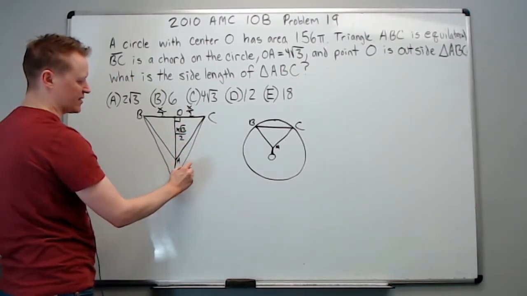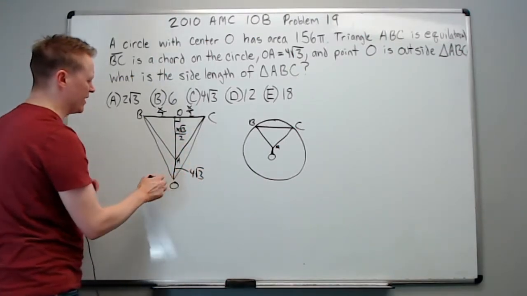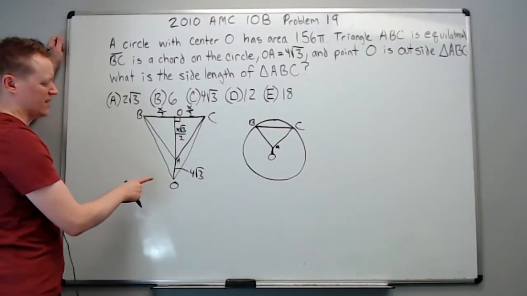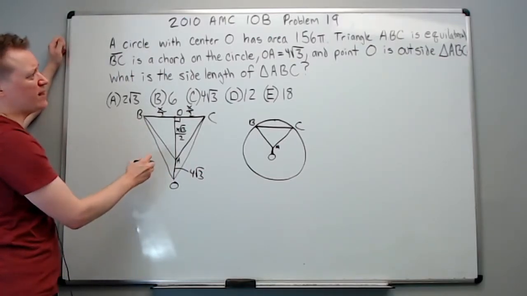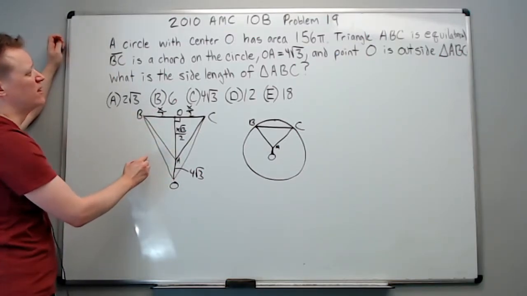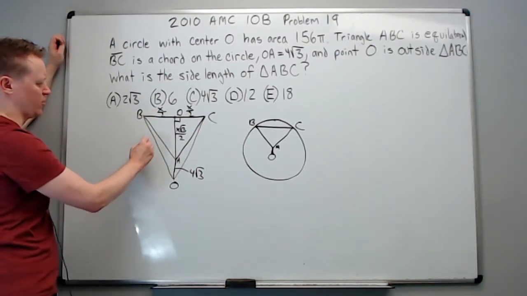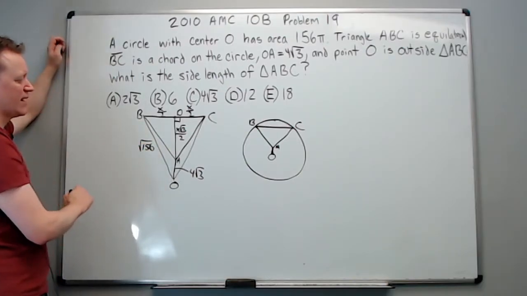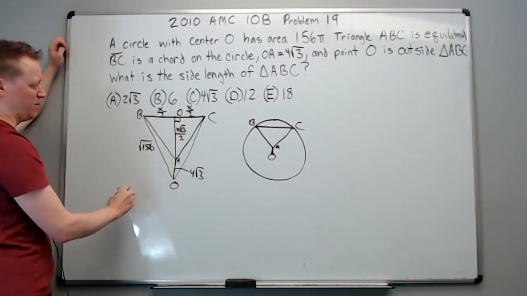And we know that this is 4 root 3, so we can find the radius, being OB, and we can use that to solve this right triangle. So the radius is going to be the square root of 156. Then I can do Pythagorean on the big triangle.